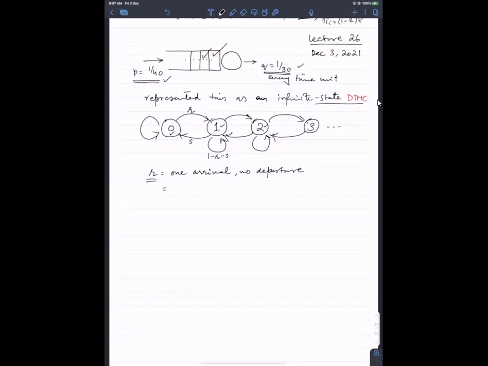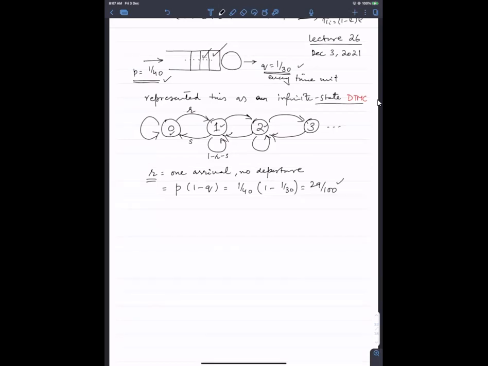So R is equal to one arrival and no departure, and this is basically 1 over 40 into 1 minus 1 over 30, which will turn out to be 29 over 1200. So with probability 29 over 1200, you increase the size of the queue by 1 unit.